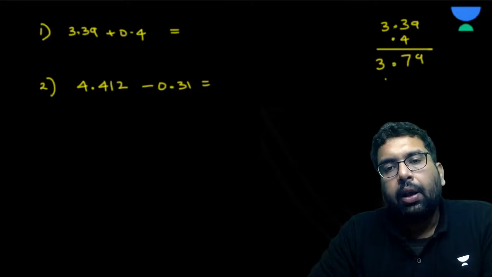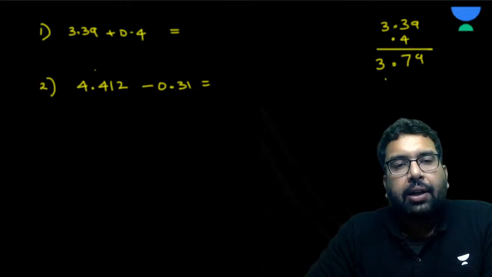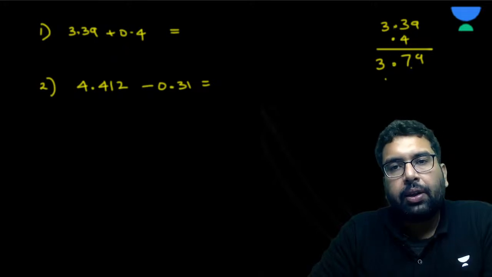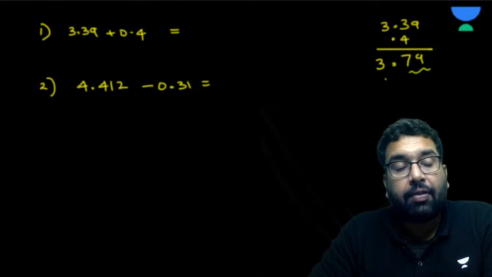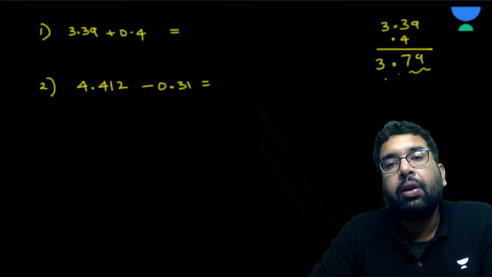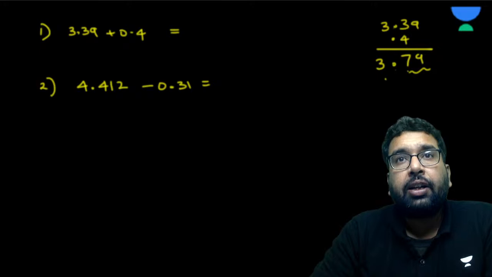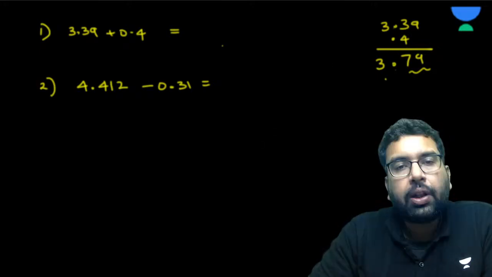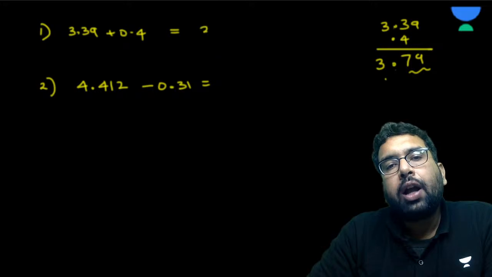So see, when we have added these two numbers in the normal way, we get 3.79. But this is not the final answer. Why? Because it has two digits after the decimal, and how many digits must it have in the final solution? Only one digit after the decimal.